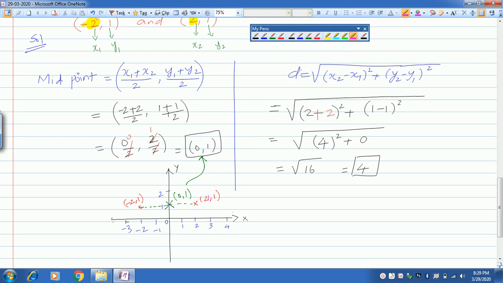What is the distance between this point and this point? It is 1, 2, 3, 4. So this is what we have calculated, the distance between the points.